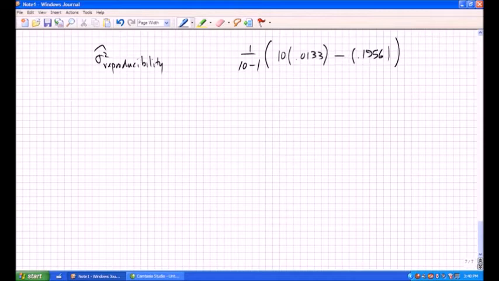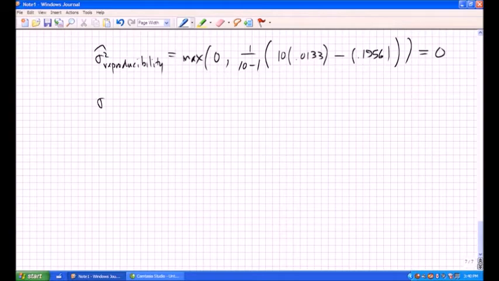That thing turns out to be negative, and so when I take the max of 0 and this, I'm just going to get 0.